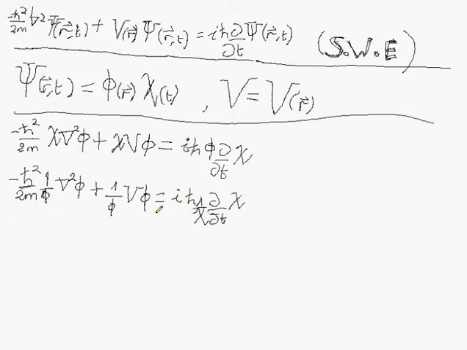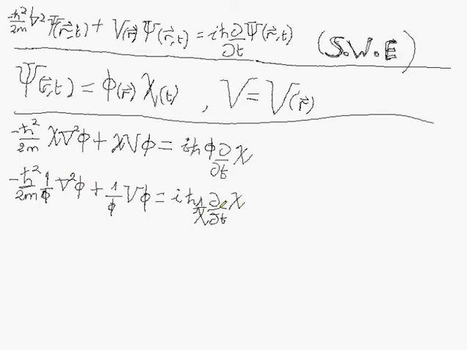And now what we're going to do is see something very interesting about this little structure here, and that is that the left hand side is a function only of position and the right hand side is a function only of time, and they're both being derived.